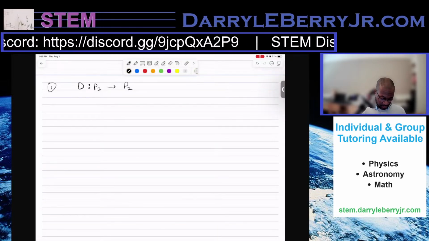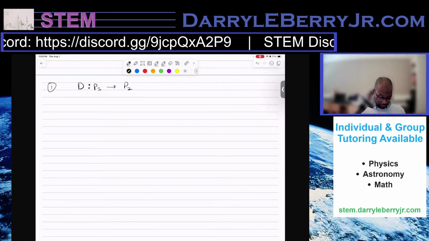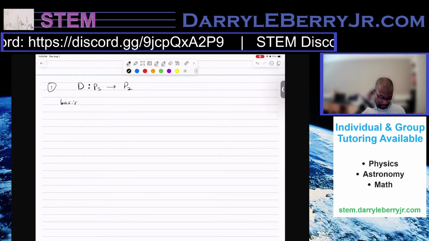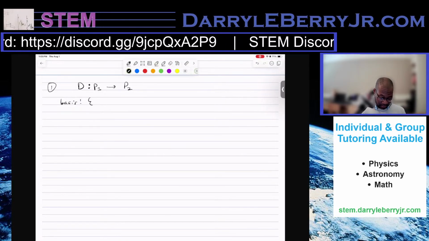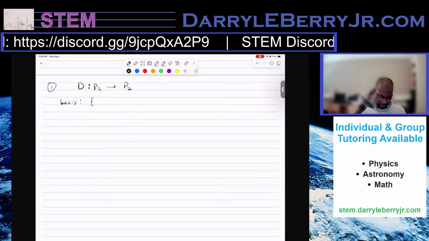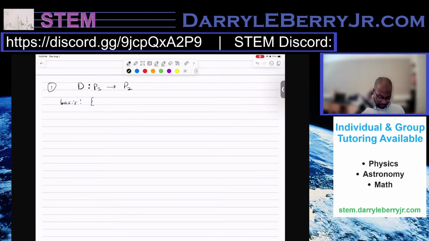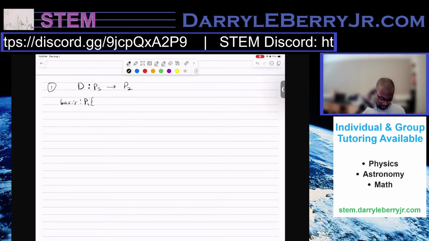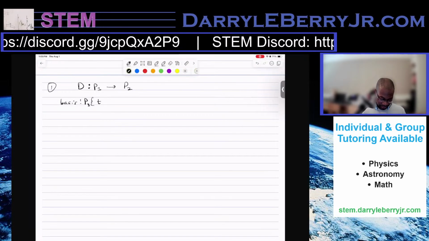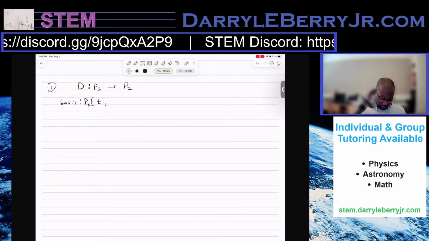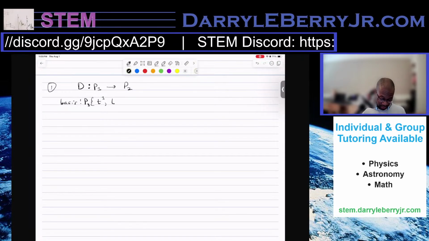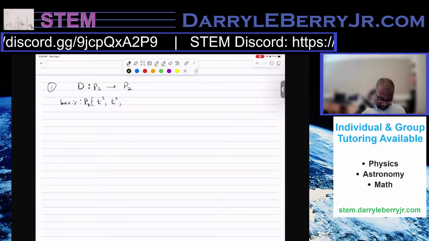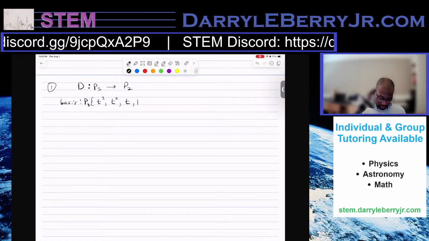So what we can do, first thing we have to do is form a basis for the polynomials that we'll be using. So I'll say the basis for P3, we'll just have t cubed, t squared, t, and 1.